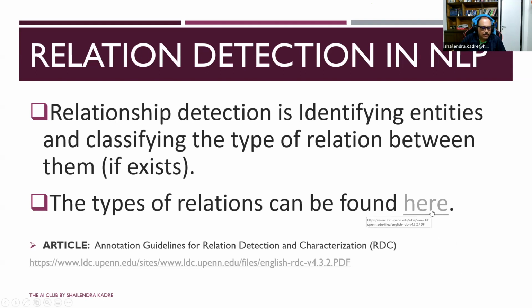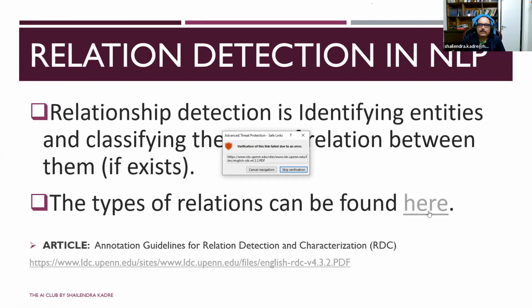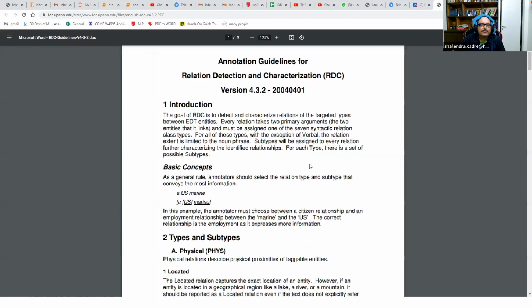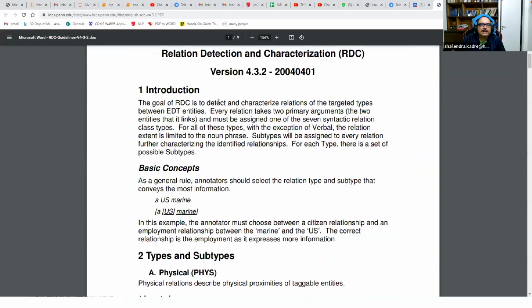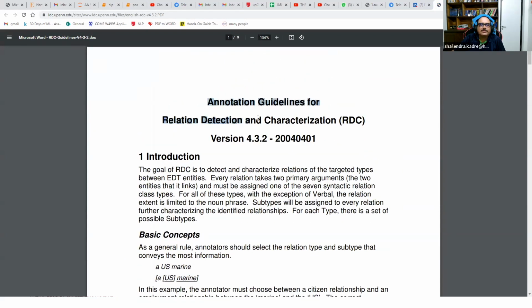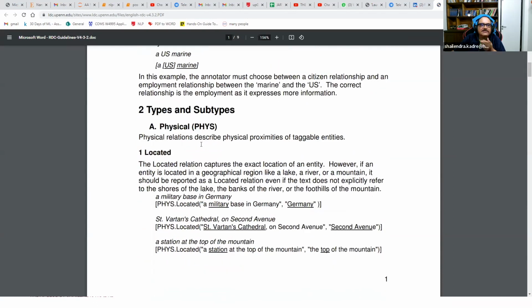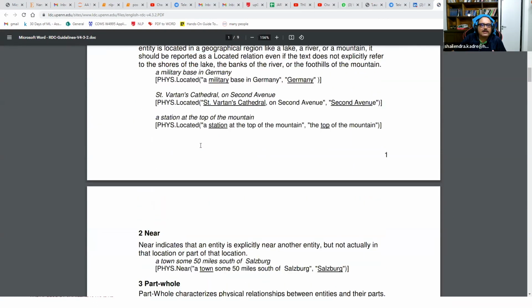So I will take you to this particular link. This is a very big documentation. See, I will zoom in. Relationship annotation guidelines for relationship detection and characterization. So there is an entire documentation: basic concepts, physical entities, located, near.